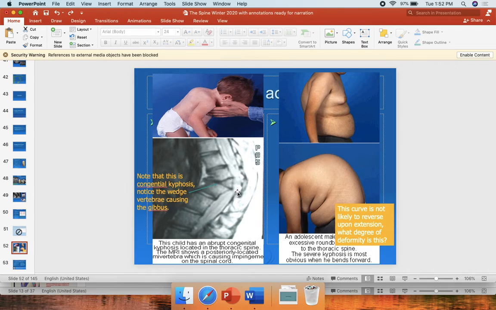This next one, this is a kyphotic curvature due to a different reason, and I think that's why they threw this picture in with this slide. Dr. Johnson threw this in. This is an extra thoracic vertebrae in a wedge shape, and it's causing this kyphotic hump.